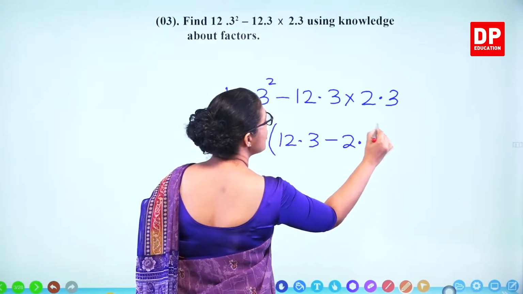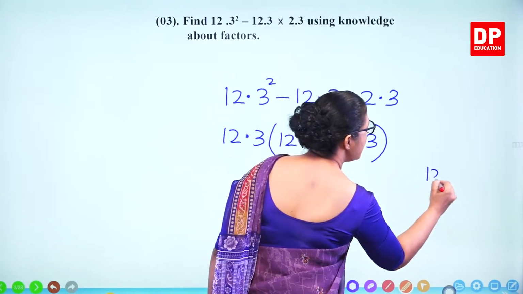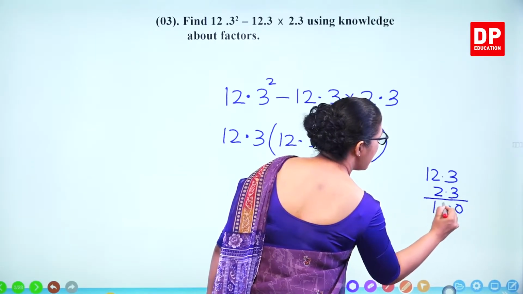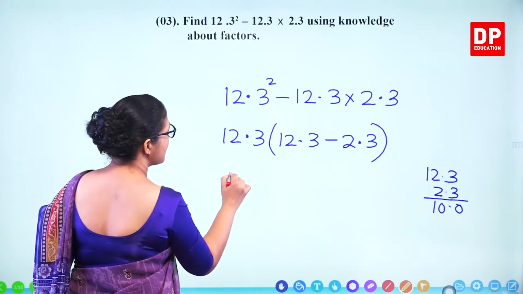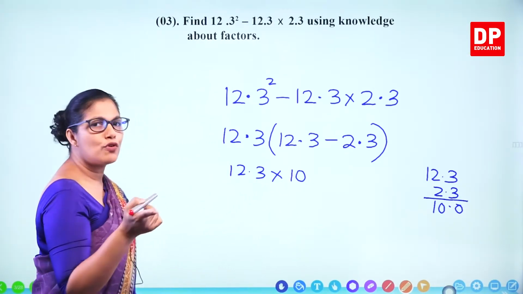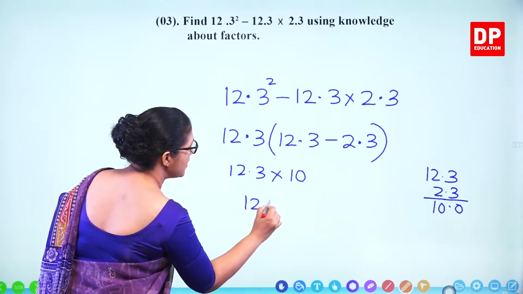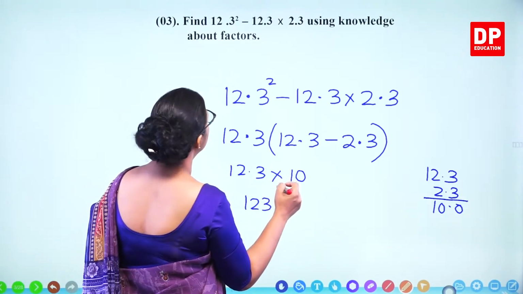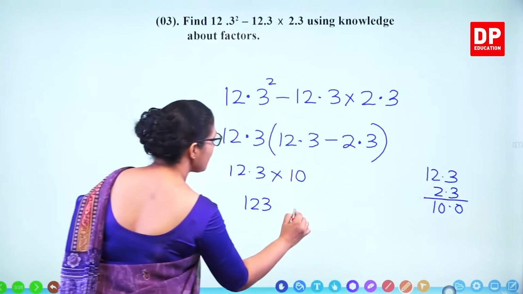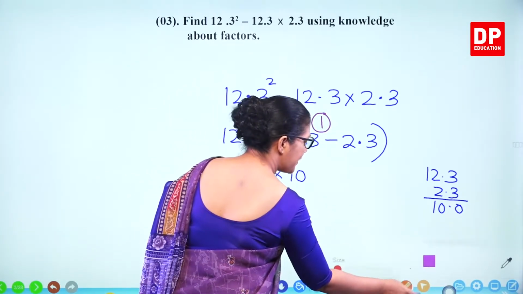If you can't do the subtraction this way, you can write it separately and subtract. You get 10. So 10 times this. When you multiply by 10, what happens to the decimal point? It moves one place to the right. So you get 123 as the answer. So 2 marks for that: 1 mark for the answer and 1 mark for the method.